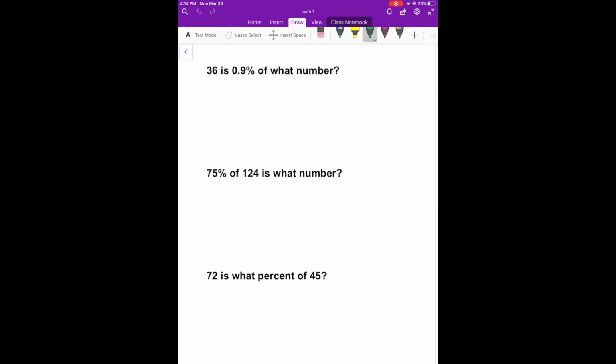The first problem is: 36 is 0.9% of what number? I'm just going to use an equation. 36 is, so is means equal to 0.9 over 100, of means multiplication, of what number? x.